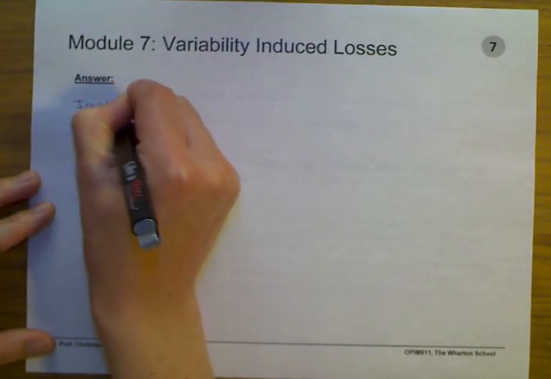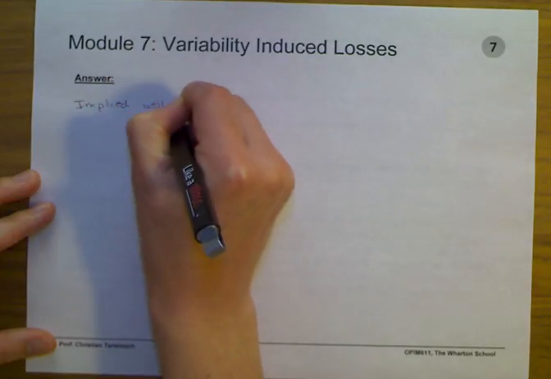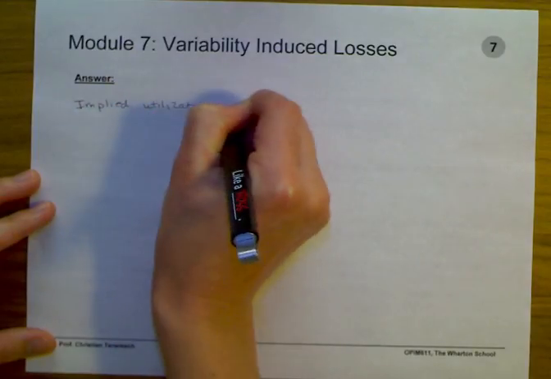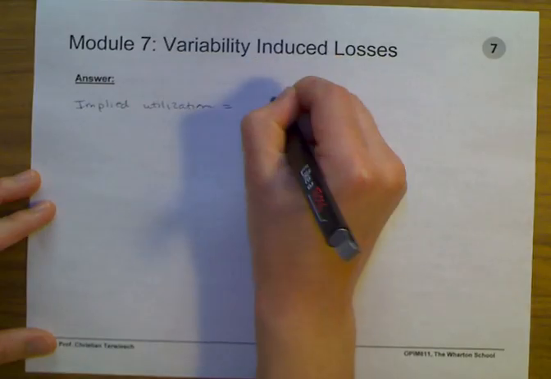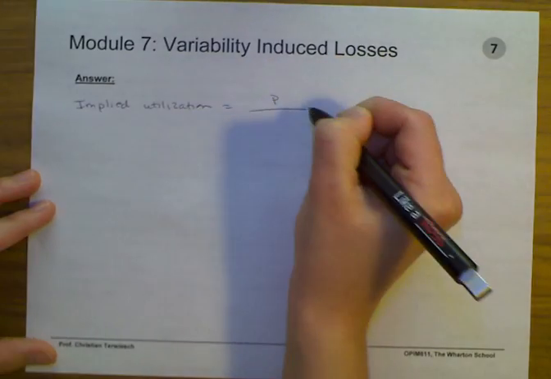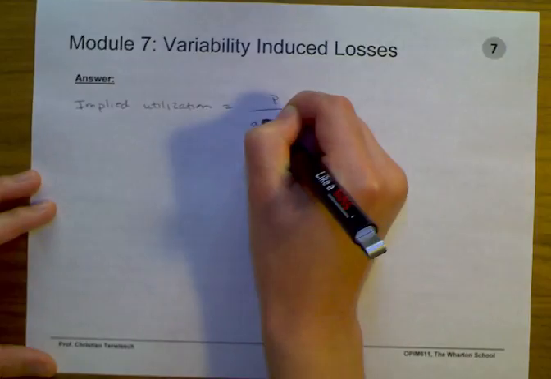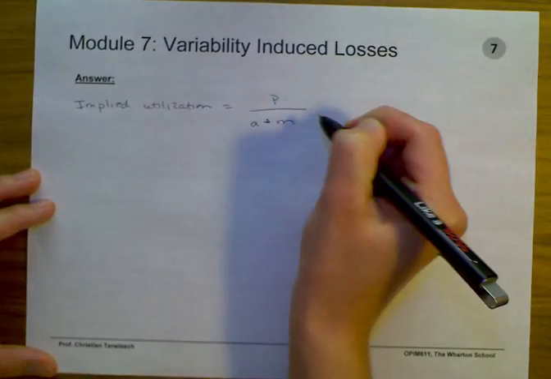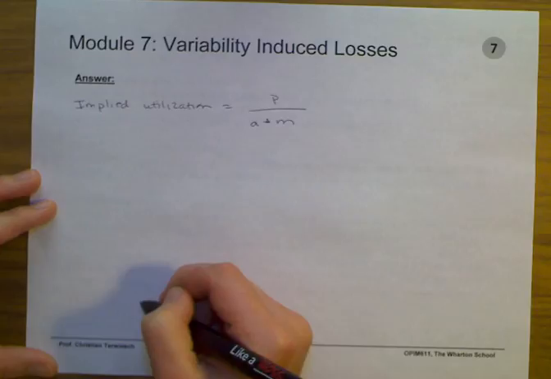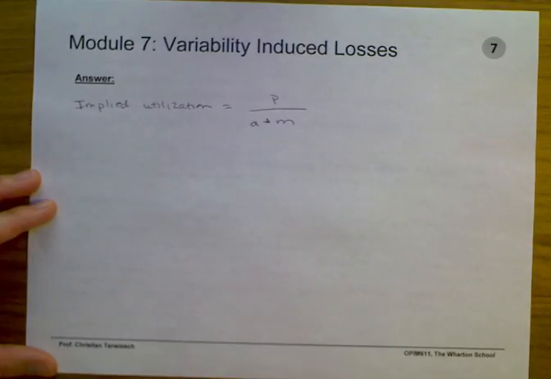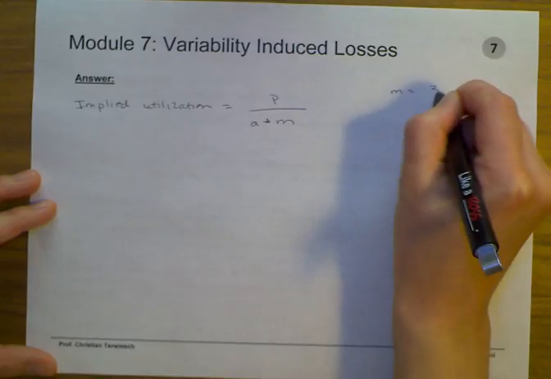We can use the formula that implied utilization is p, the service time, over a, the average inter-arrival time, times m, the number of servers. We have been given that there are 3 servers.